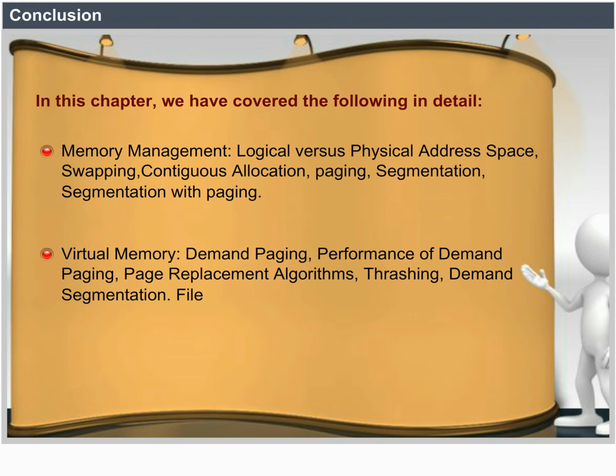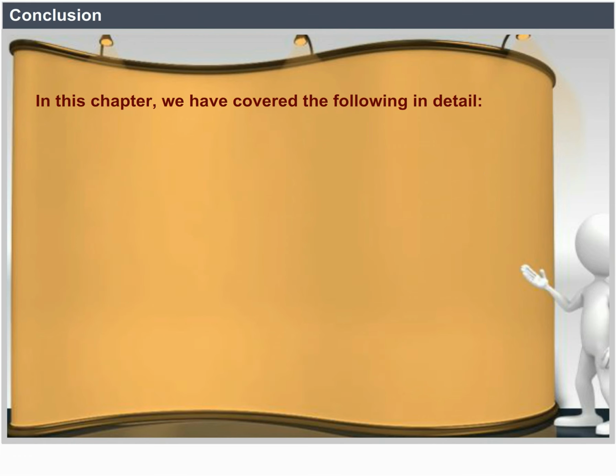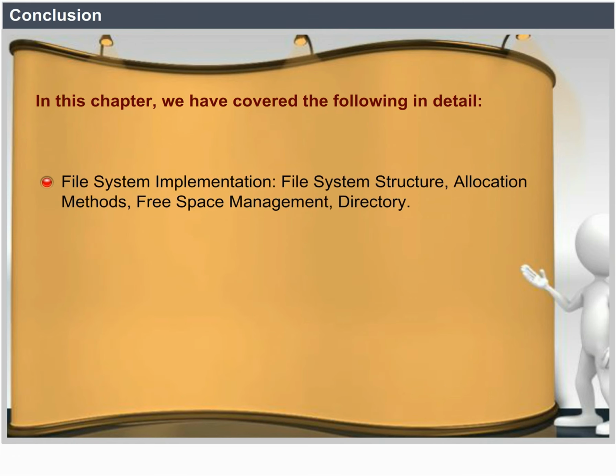File system interface, access methods, directory structure, protection, consistency semantics, partitions, simple volumes, shadow volumes, virtual disks, BitLocker. File system implementation, file system structure, allocation methods, free space management, directory implementation, efficiency and performance, recovery.